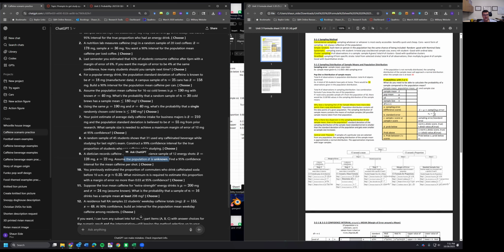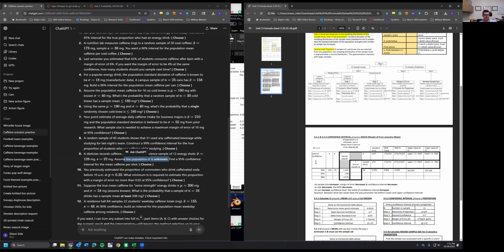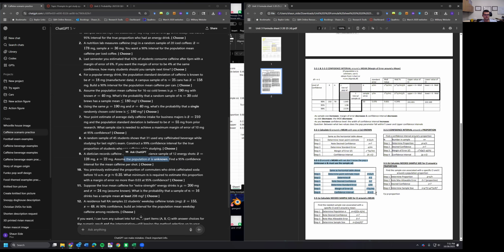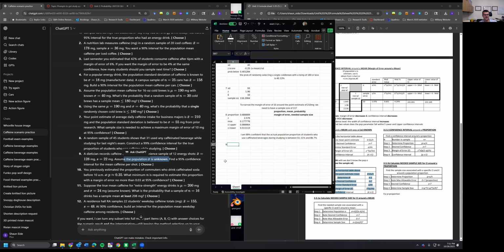I'm dealing with making a confidence interval with a margin of error. So I go down to the left-hand side of the chart, and then I go to the population standard deviation unknown, which is the second set of boxes. So we're coming to right here. Okay, so 3, 2, 1, confidence interval around the mean. We don't know the population standard deviation, so we're going to go through this step by step for number 9.